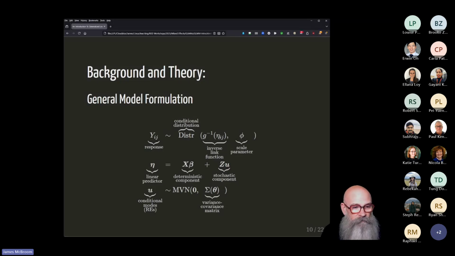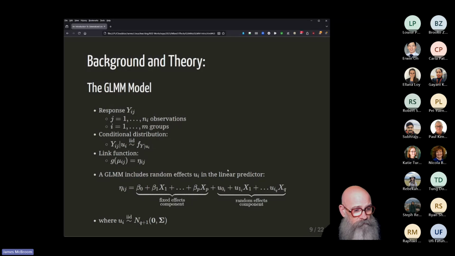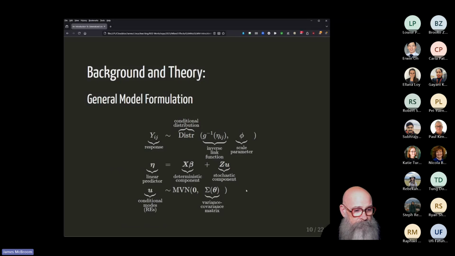And it also depends on a variance function, scale parameter, and so on. The linear predictor is a combination of fixed or deterministic components and stochastic or random effect components. So this ZU bit here is actually this random effects component, just written in a different way.